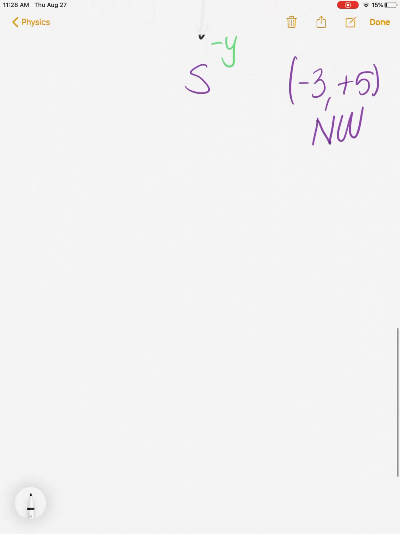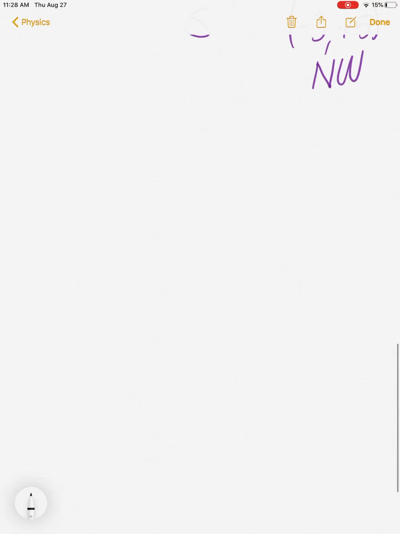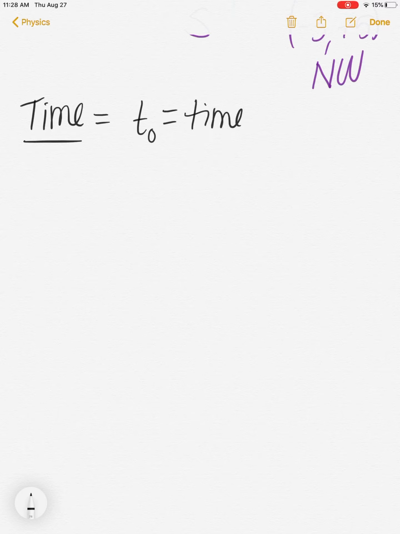All right. Another key component we said is not just space or position, but time. So let's discuss time. A lot of times we will label something as T sub 0. T sub 0 is the time of origin, or the start time, the time an event is supposed to begin.